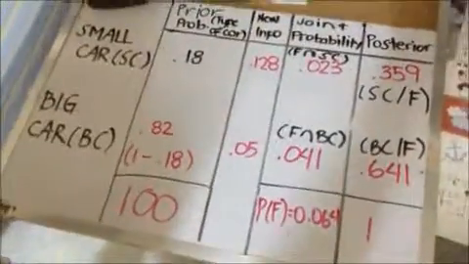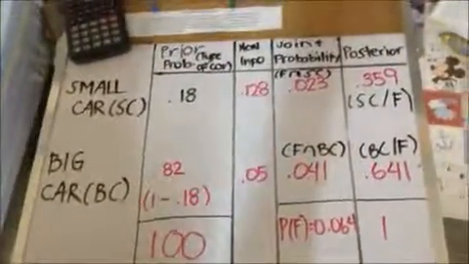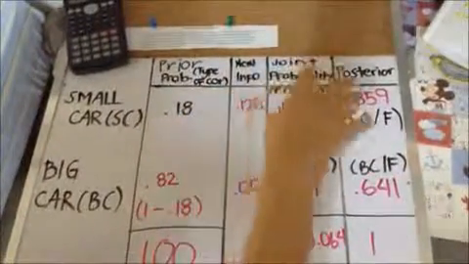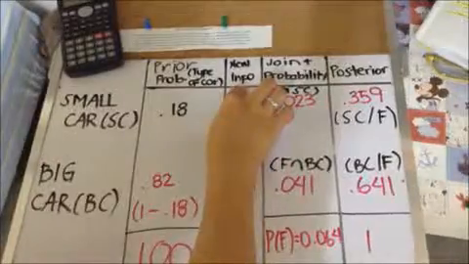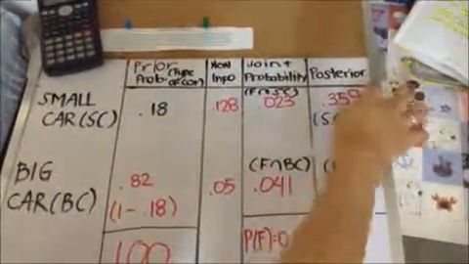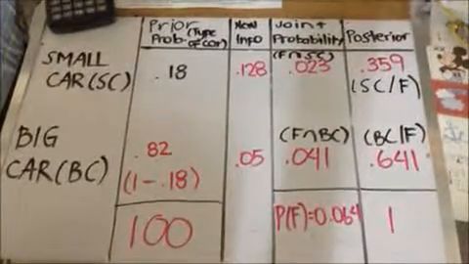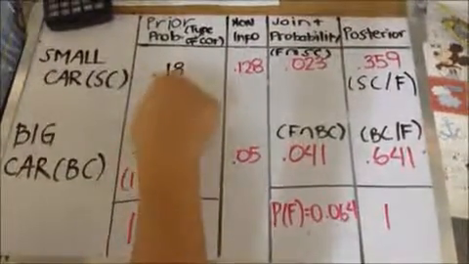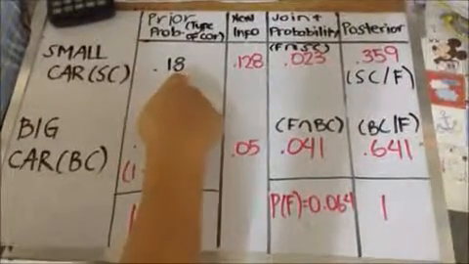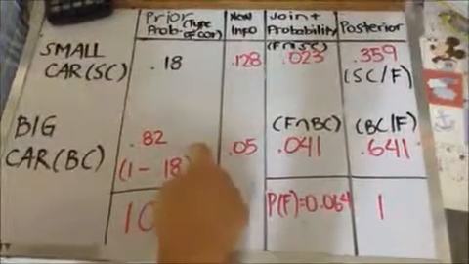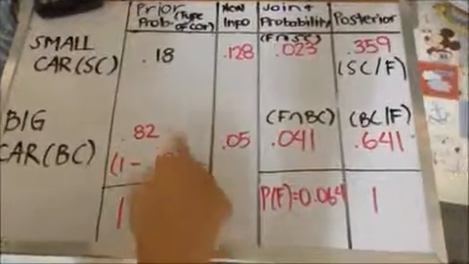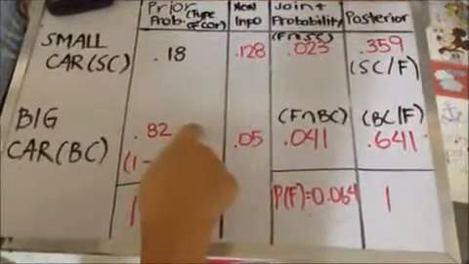The problem can be solved by constructing a Bayes theorem table, which has prior probabilities, conditional probabilities or new information, joint probability, and posterior probability. The prior probability for a small car is 0.18. We should get the probability for the big car, so we would subtract 0.18 from 1, which yields 0.82.